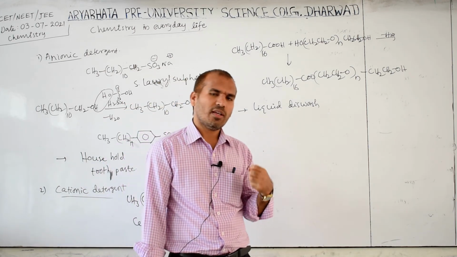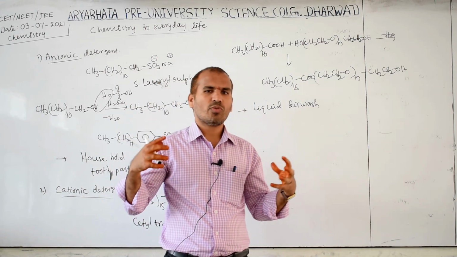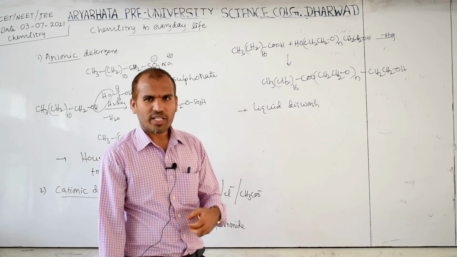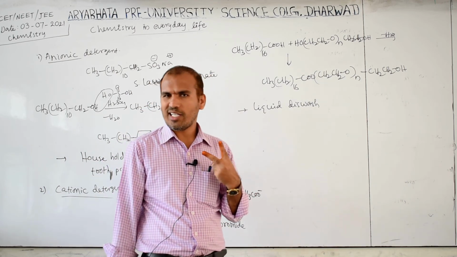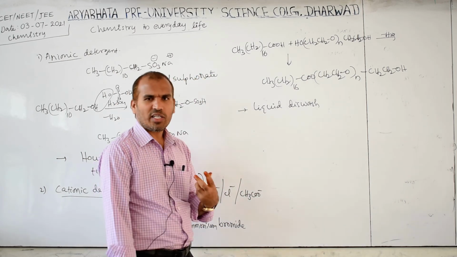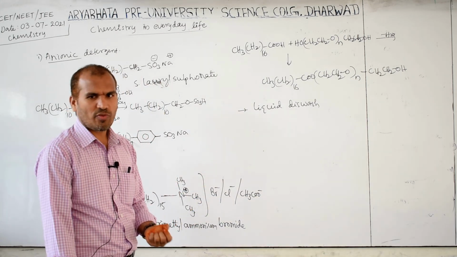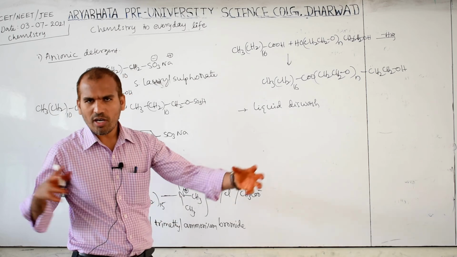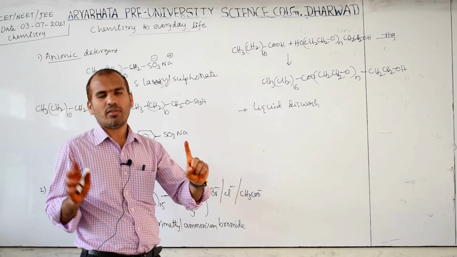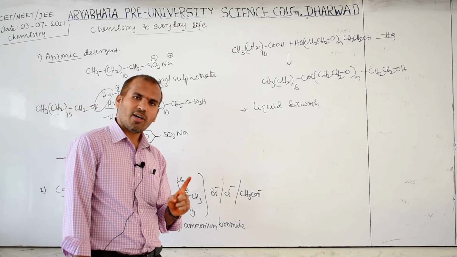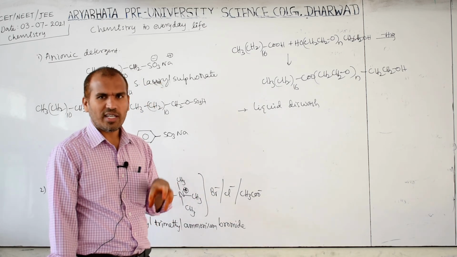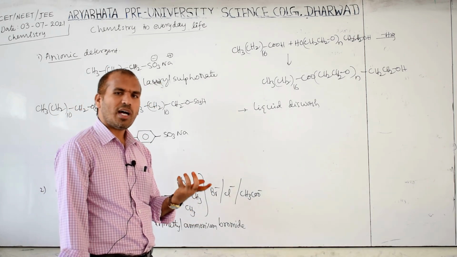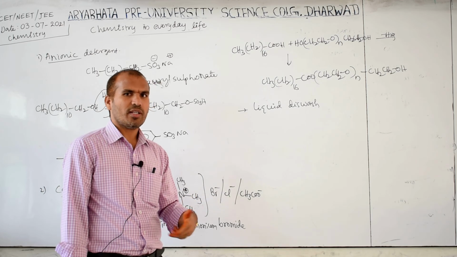Some people buy and use soaps that may have branched chain hydrocarbons, which are not easily degraded, and this gives pollution. Therefore keep in mind, always use those having a long carbon chain, not a branched chain. Long, straight carbon chains are easily degraded; branched chains are not easily biodegraded and cause pollution.